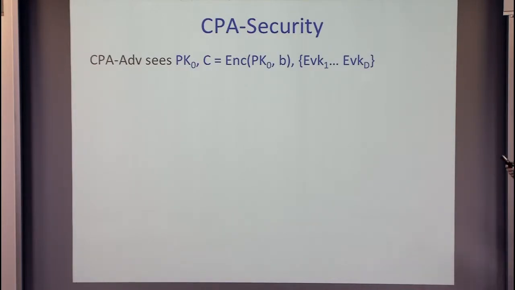And I want to argue that the secret bit b is hidden. What else can I do? I have to rely on the CPA security of the public key scheme itself. But I can't really immediately do that because those evaluation keys contain lots of secret keys inside. So I cannot really rely on the semantic security of PK0, for example.